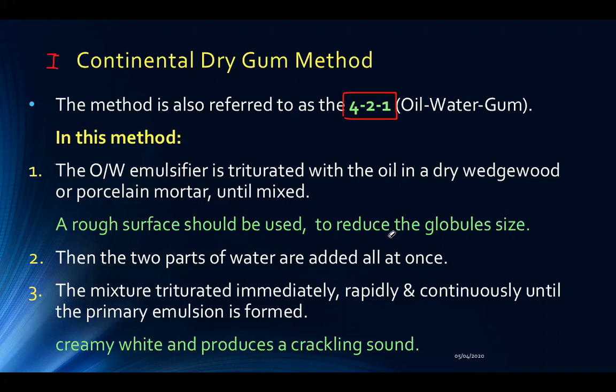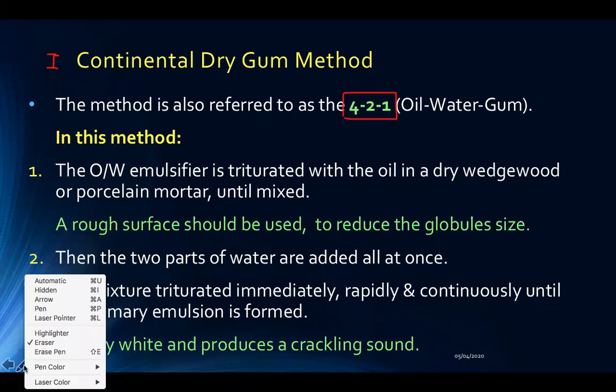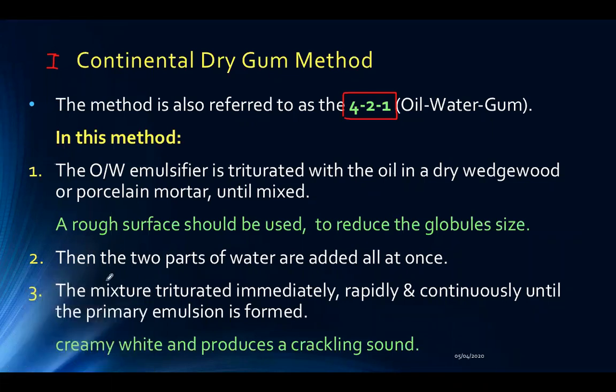Same concept in suspension، كل ما كان particle size of the active ingredients very small كل ما كان more stable وما بيصير عندي precipitation، أو velocity of sedimentation بتكون قليلة. نفس الفكرة هون، you need to reduce the globule size في small scale preparation، بدك تستعمل المورتر والبستل ويفضل يكون رف سيرفيس.